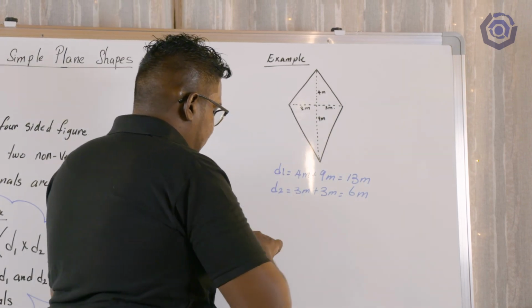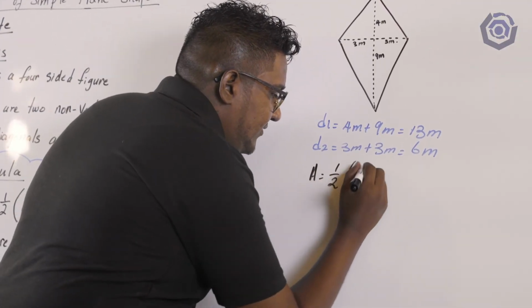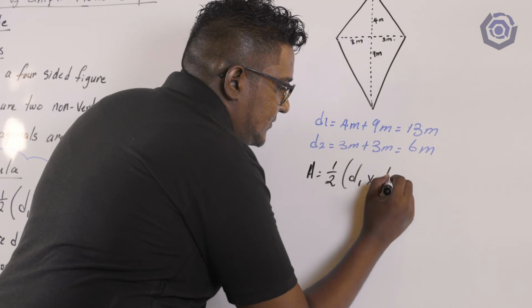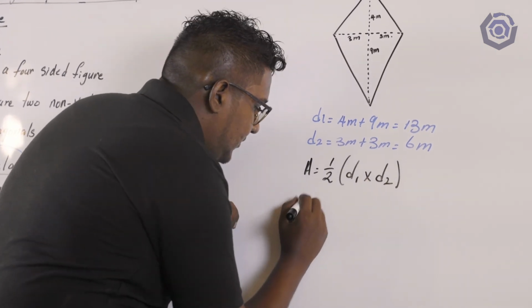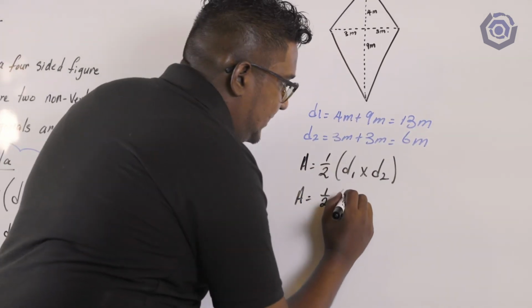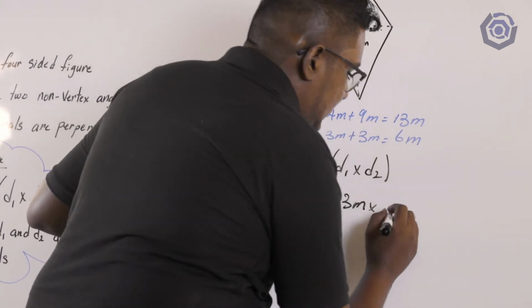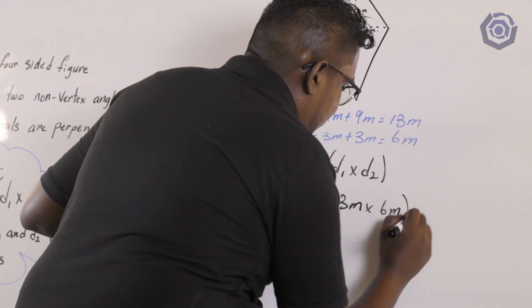So our formula is A is equal to a half of D1 times D2. A is equal to a half of D1, which is 13 meters, times D2, which is 6 meters.